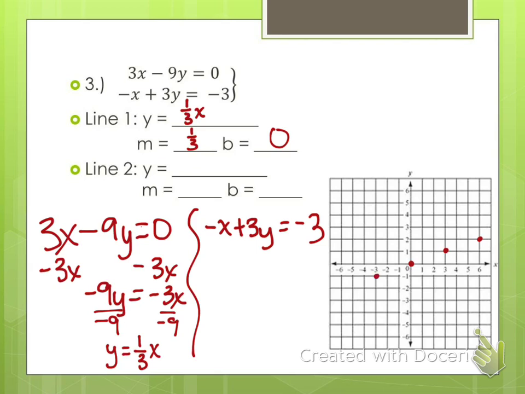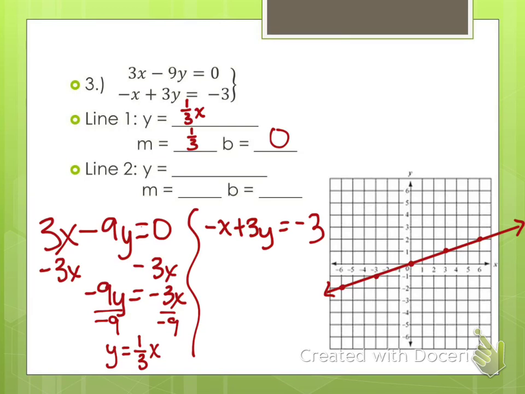Down 1, left 3. So we get a good amount of points on that graph. We can put our line through them. There we go. All right, we got our first line on there.